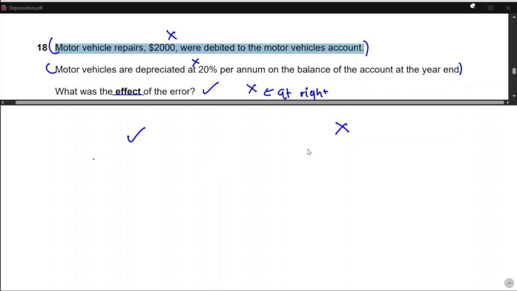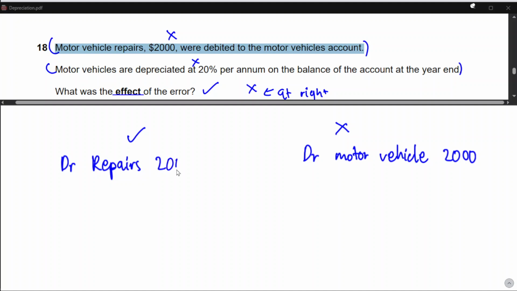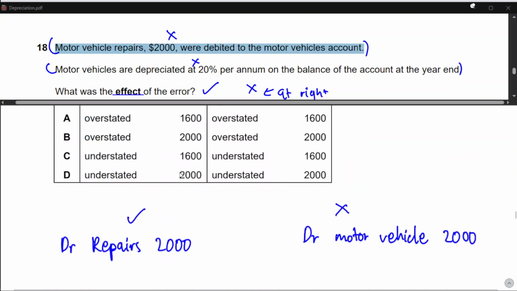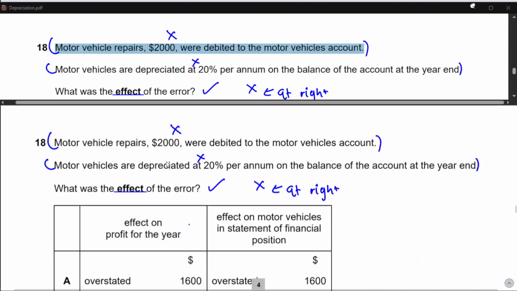So what he do is debit motor vehicle. Actually he should debit repairs. Oops, I think I do something wrong. So let me see, this one is correct, this one is wrong.